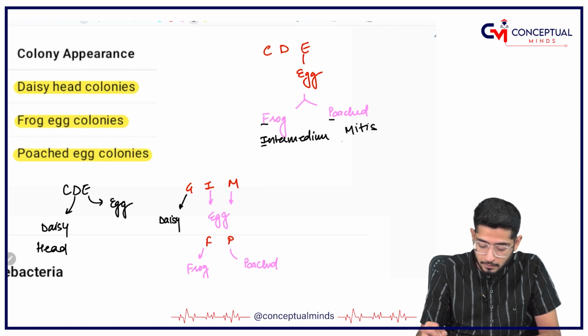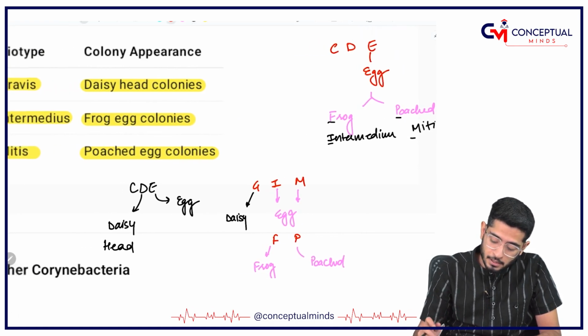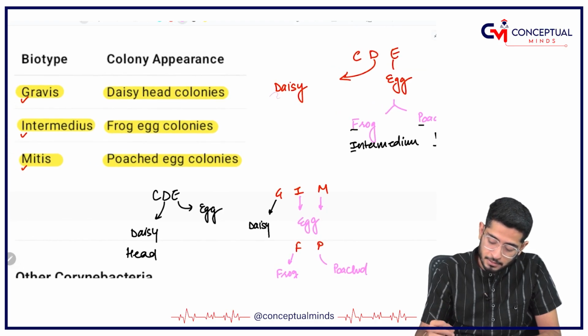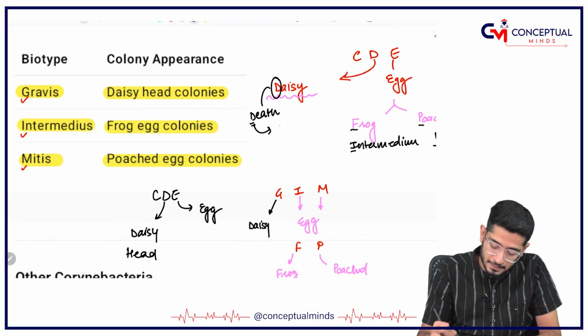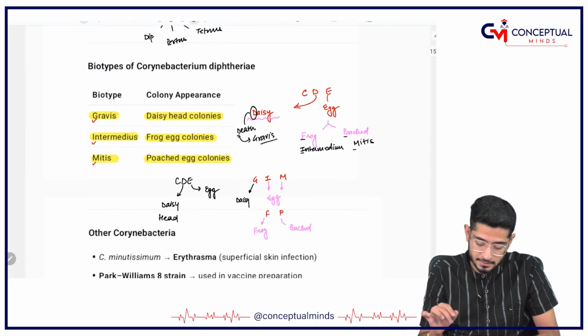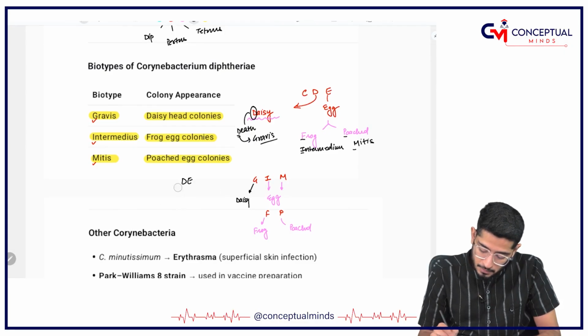Similarly, you have got D, for daisy head colonies. Remember, D for daisy, D for death, and death means grave. So gravis belongs to daisy head colonies. Simple, easy to remember, good.